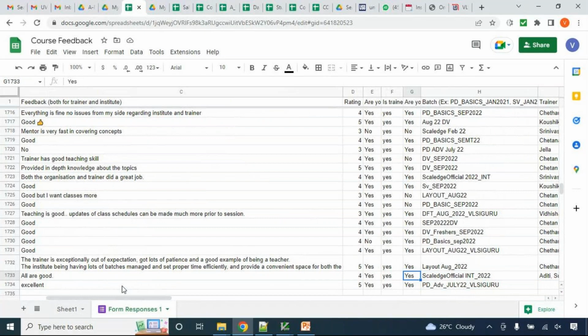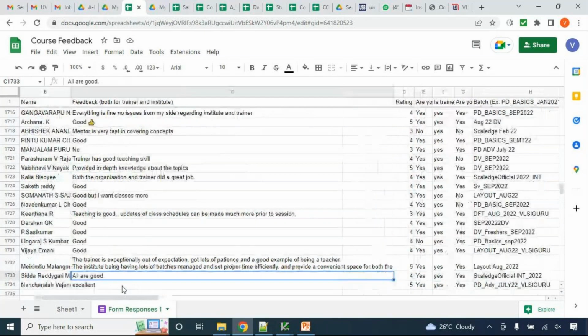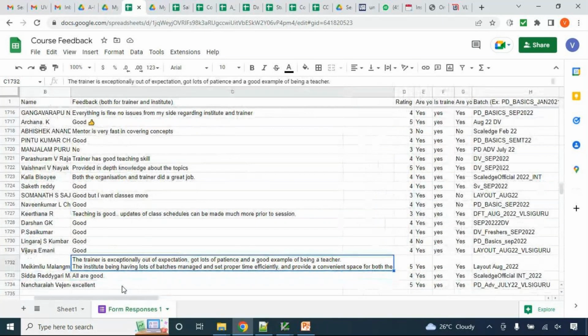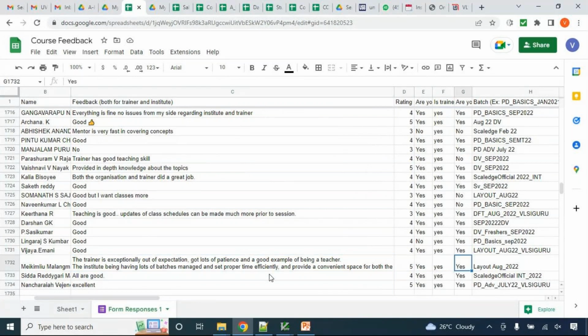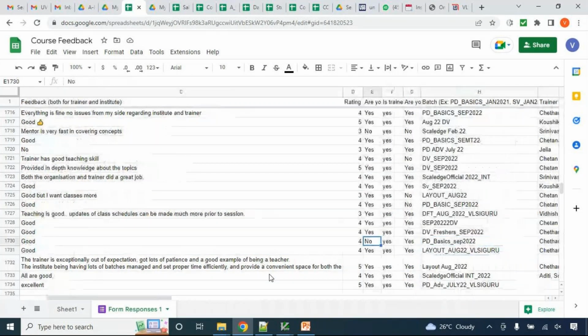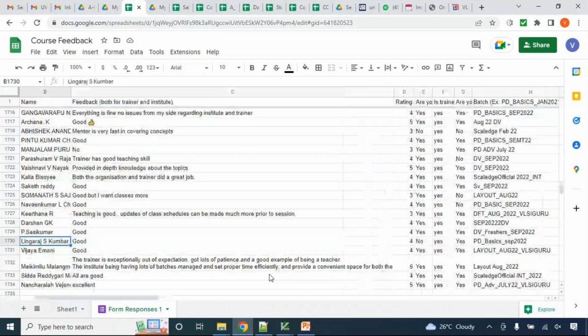All are good. Trainer is exceptionally out of expectation, got a lot of patience, good example of being a teacher. Institute has managed a lot of batches and set proper time efficiently. This is for the layout batch. This is for PD basics. Mostly you can see that things have been good.